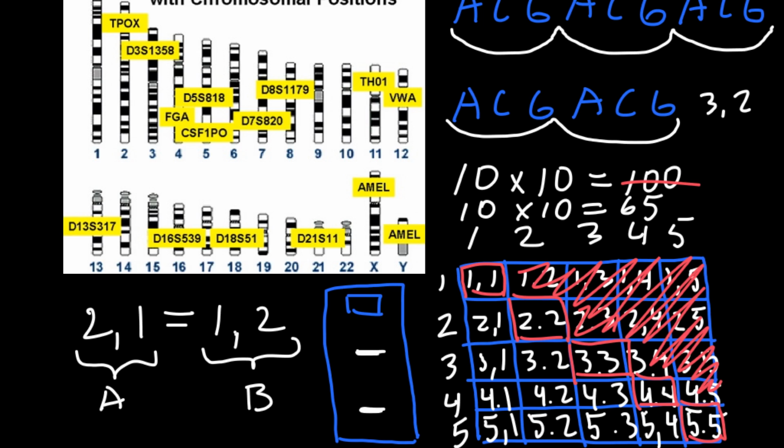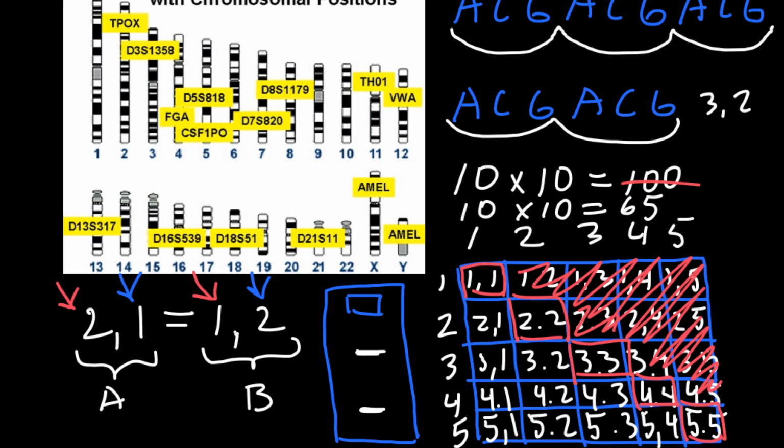One more time, if person A got this allele with 2 repeats from the mother side, if person B got this allele also from the mother side but with 1 repeat, and if person A got this allele from the father side and person B got a different allele from the father side, when we run a gel, these two genotypes would look identical for us.